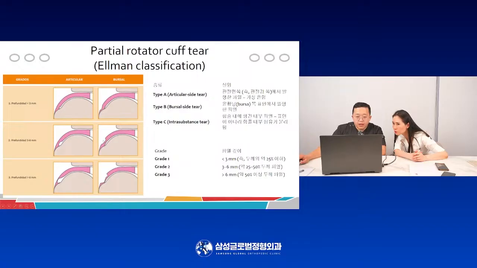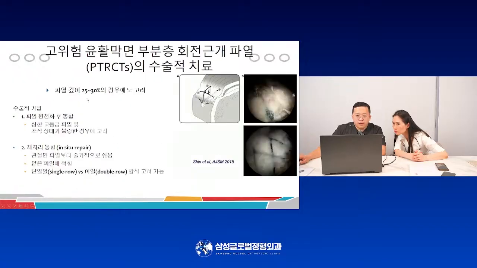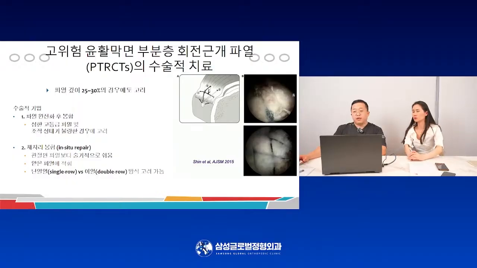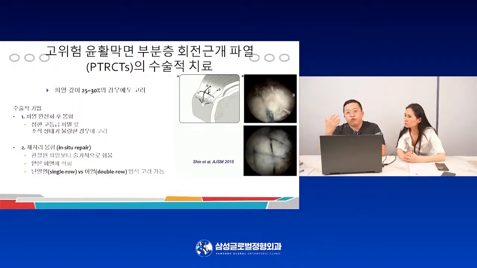In outer side tear, even more than 25 or 30%, that means a degeneration state, okay? So doctors will consider the fix also, even though they have only 25% problem. That means doctors consider their future, okay?